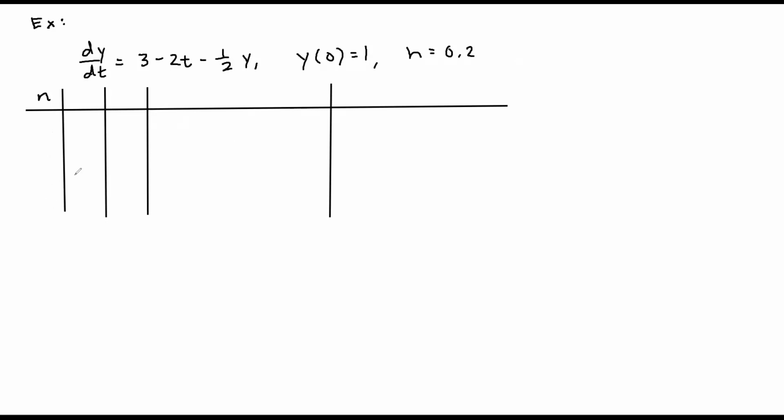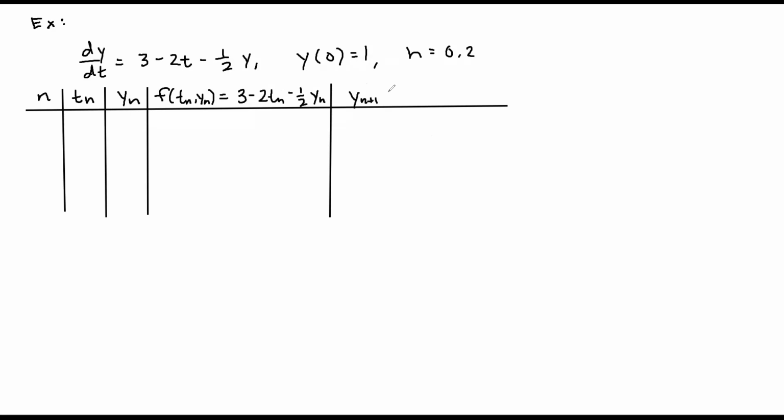So we're going to have a column for n that will show where we are in our increments. t sub n, y sub n. We're going to have a column for finding the slope. We're going to get 3 minus 2 t sub n minus 1/2 y sub n.